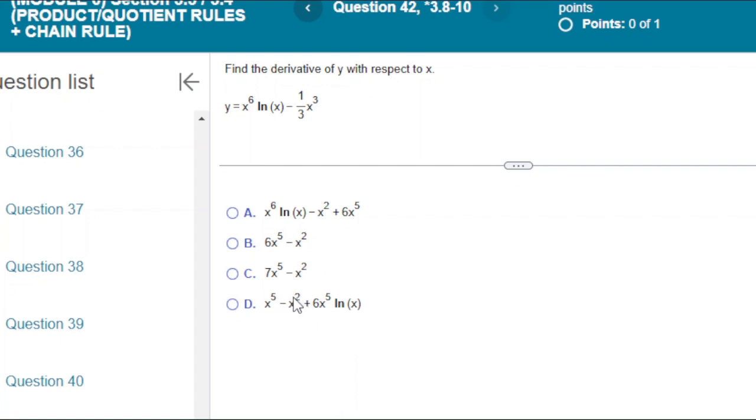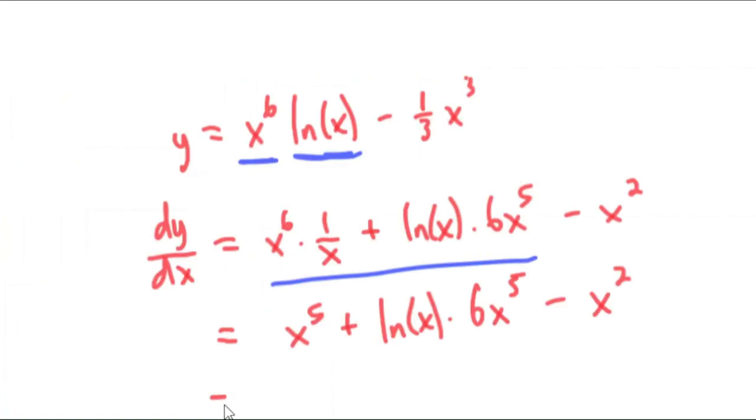They wrote the minus x squared here instead of on the end. And they also wrote the 6x to the 5th times ln of x instead of ln of x times 6x to the 5th. So in other words, they rewrote this as x to the 5th, and then they have this minus x squared, so they brought it out front. And then we have plus this term, but they rewrote this term with the 6x to the 5th first. Okay, so this is the answer that they have there.